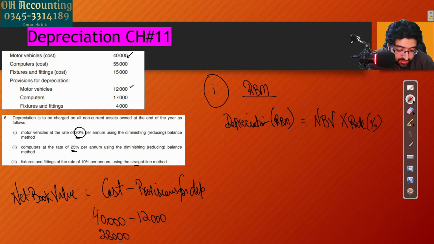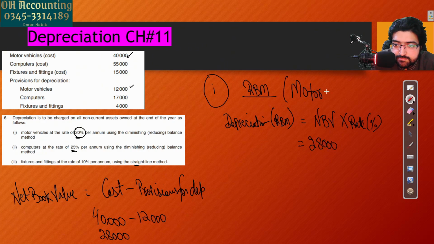Where's my calculator? Okay, I can use my phone. Okay, so net book value is 28,000. We are working for motor vehicle.